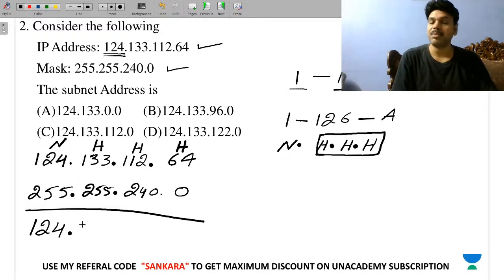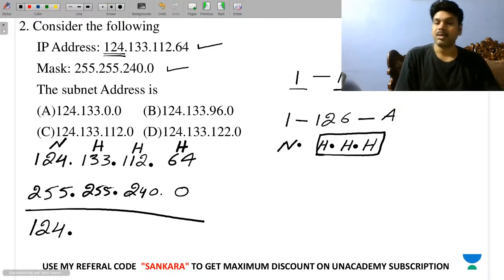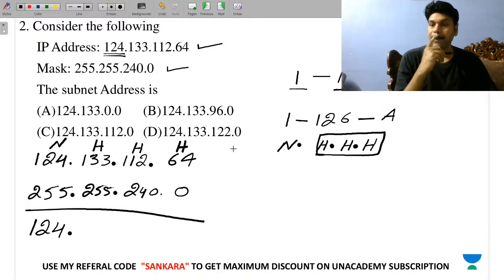The host ID is manipulated. That's why you do the AND operation between 133 and 255, 112 and 240, 64 and 0. Instead of doing the AND operation, I also gave you one trick. What is the trick? Write your host ID in binary and see how many bits are subnetted in your subnet mask.